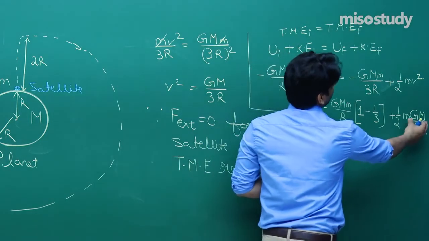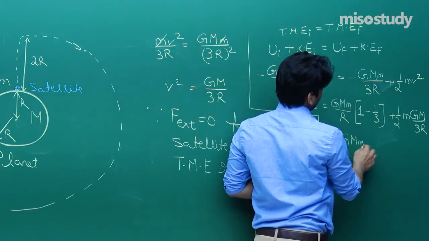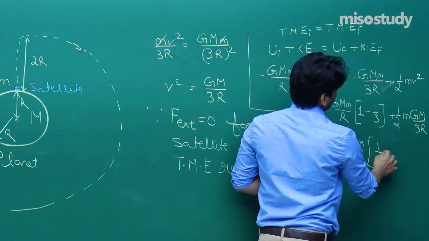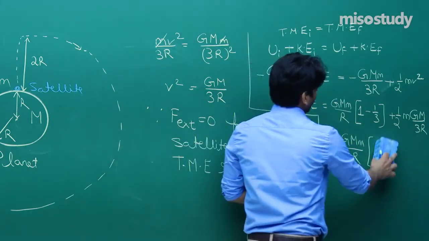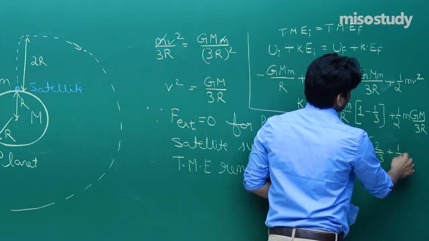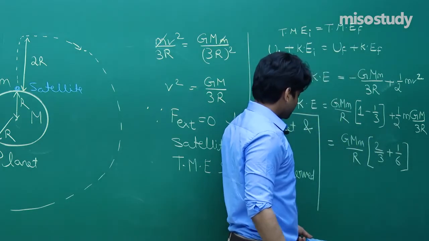We will have GMm by r, here also we have GMm by r, so I am taking GMm by r as common. 3 into 2 is 6, so 1 by 6, and prior to that 1 minus 1 by 3 will be equal to 2 by 3. So 2 by 3 plus 1 by 6, this is what we will obtain.